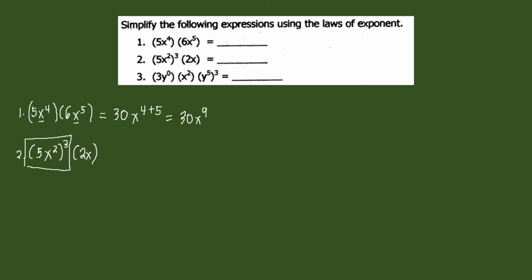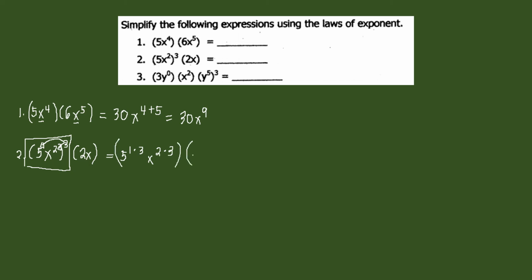So the one inside the parenthesis is raised to another exponent. So we have to simplify that first. So to simplify that, we multiply the exponent 3 to the exponents of 5 and x squared. So since 5 doesn't have an exponent written to it, it is understood to be 1. So 5, 1 times 3, and then x, 2 times 3.